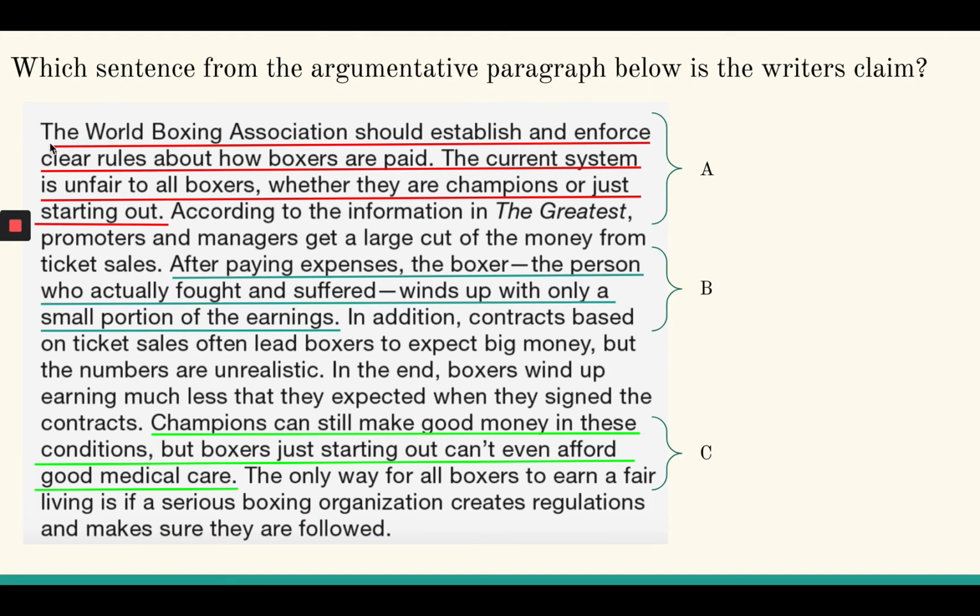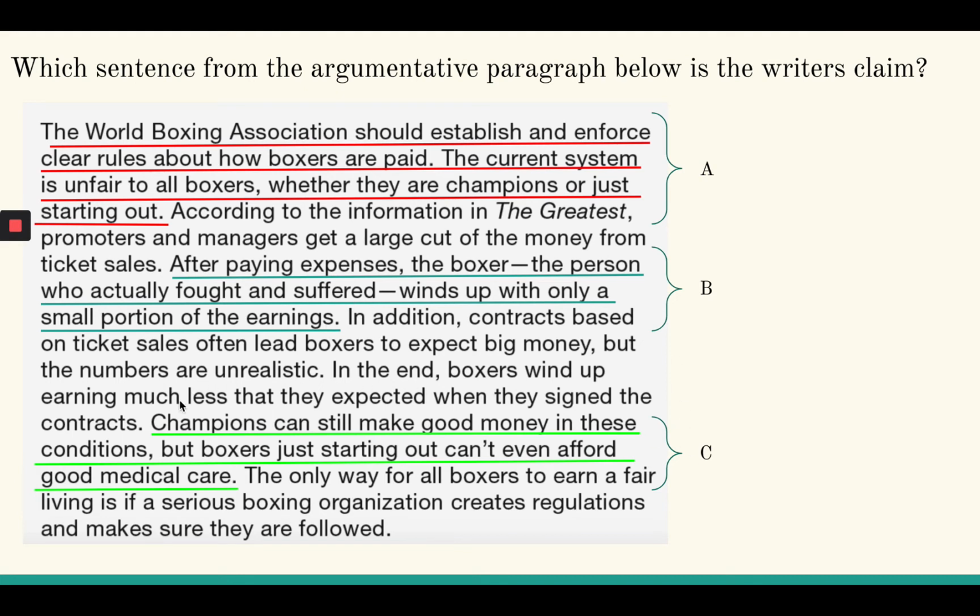So we have A. The World Boxing Association should establish and enforce clear rules about how boxers are paid. The current system is unfair to all boxers, whether they are champions or just starting out. So that is A. B. After paying expenses, the boxer, the person who actually fought and suffered, winds up with only a small portion of the earnings.